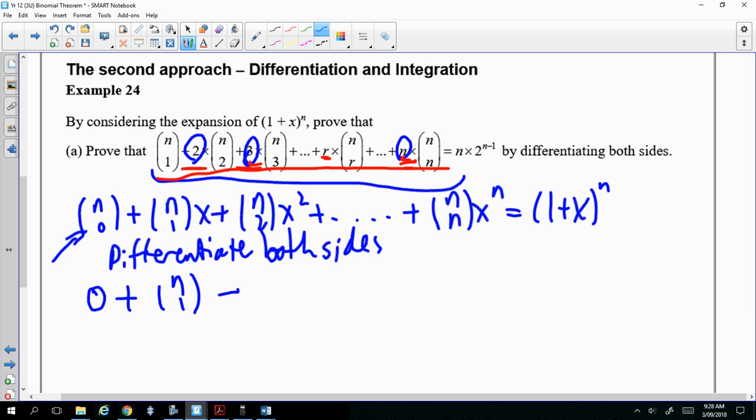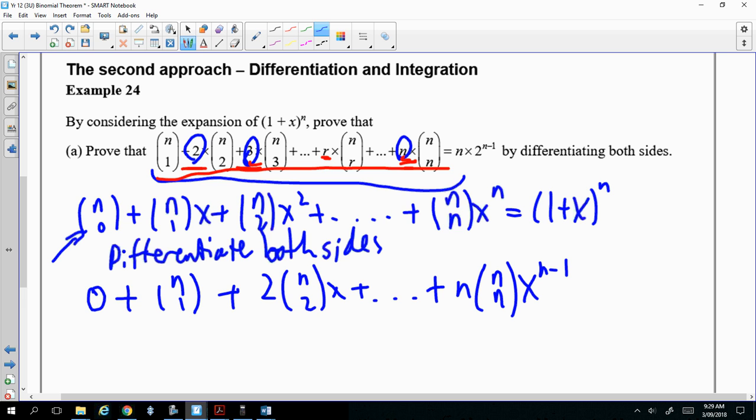Also differentiate the right side, n times (1 + x) power of n minus 1. So that's how the consecutive numbers are created, by differentiating. And then there's no x, which means you just substitute x equal to 1. So it's a very easy proof.